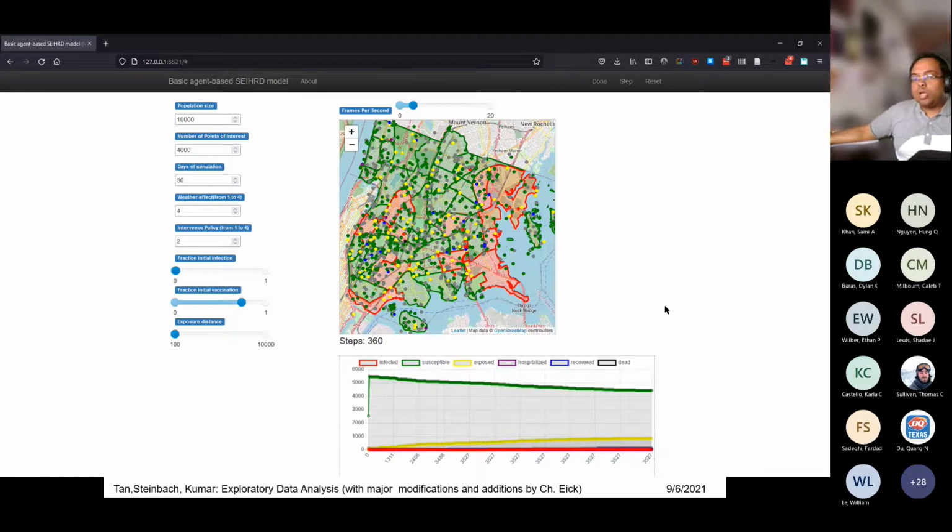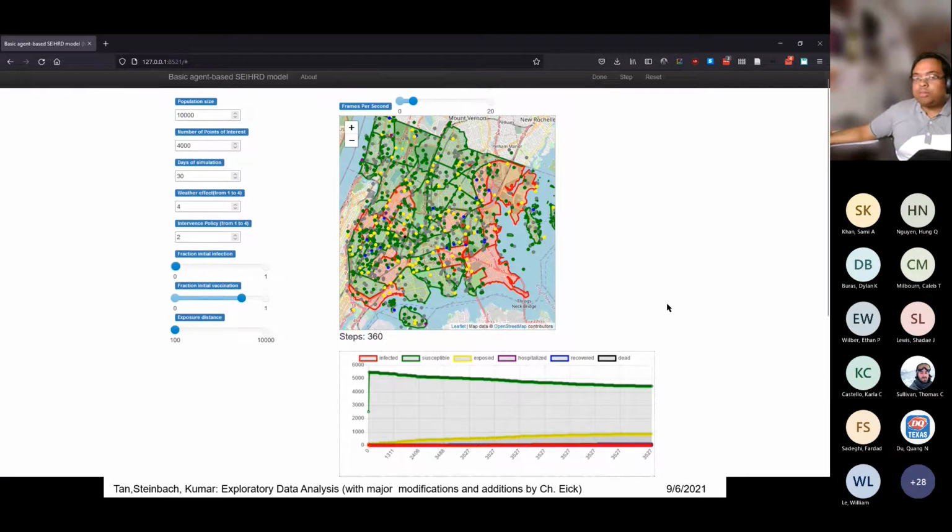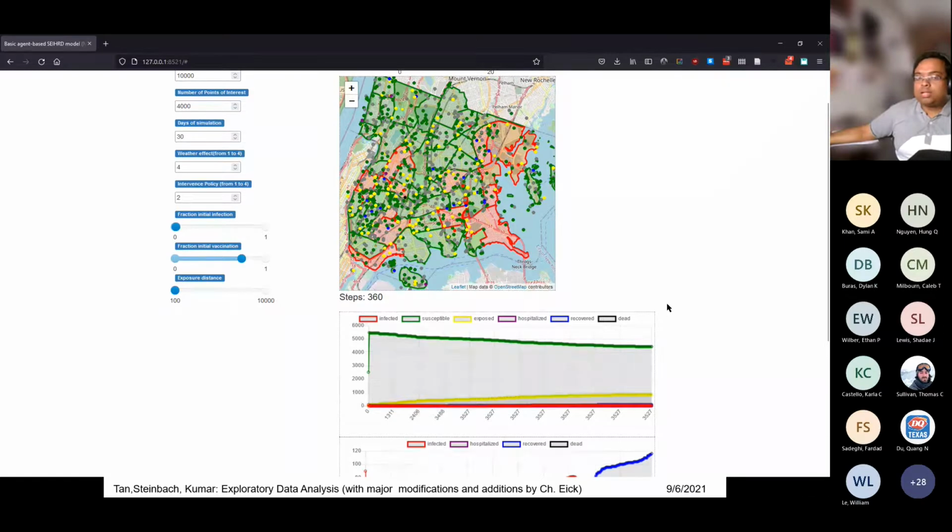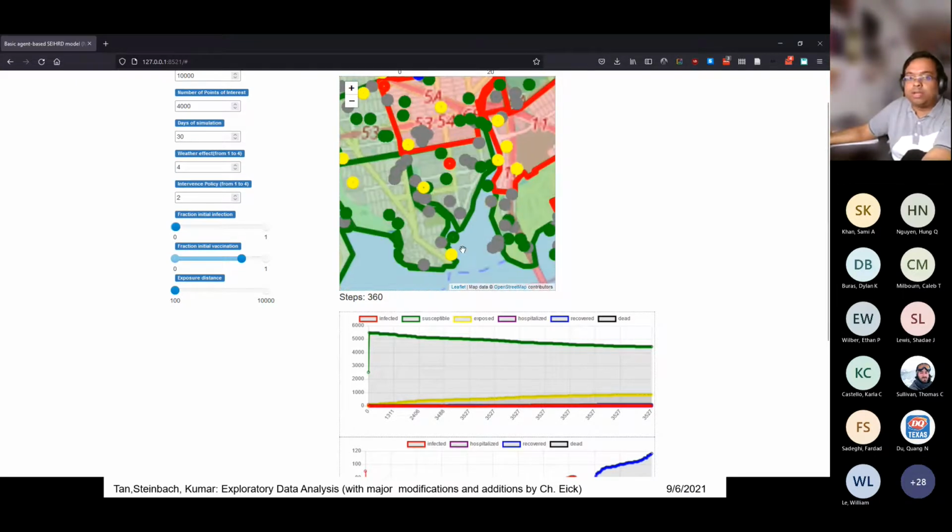Are infected people going to malls for shopping? If they are, then how would the disease spread? We use the SafeGraph data for this purpose, and if we didn't know what the data looks like, we wouldn't be able to go this in depth.